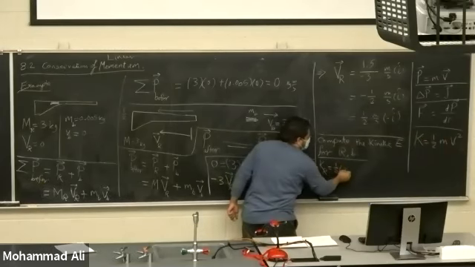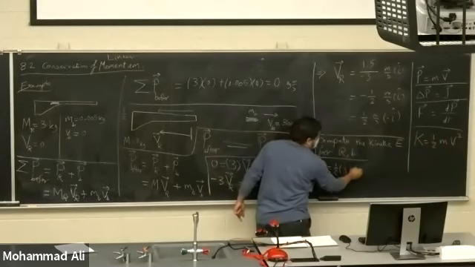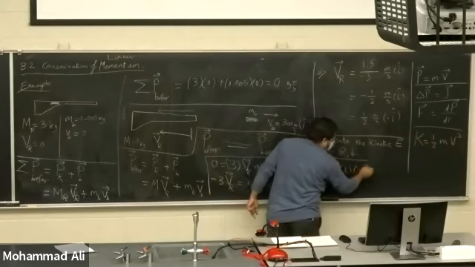Half multiplied by 3 multiplied by minus half square, minus half square.